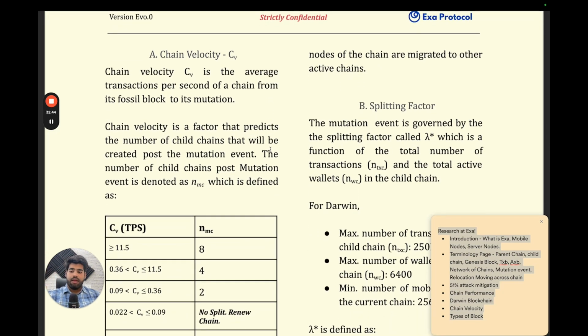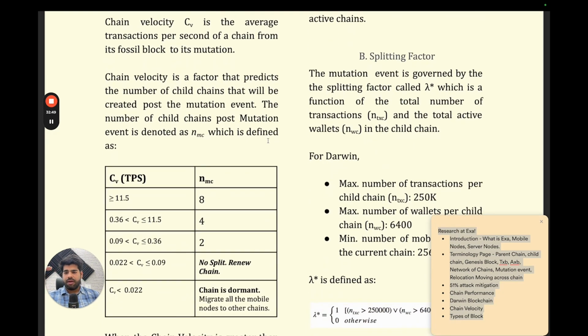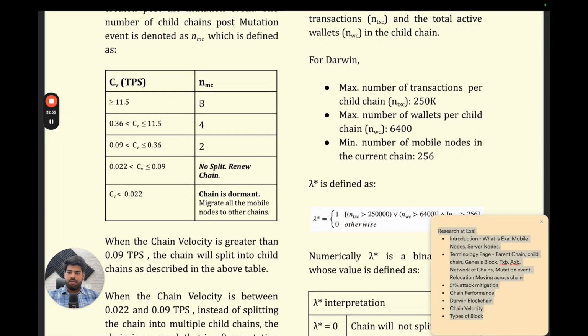This factor predicts the number of child chains that will be created post the mutation event. So for example, if a child chain has an average TPS of about 11 previously, then we can expect after the mutation the chain will split into 8.